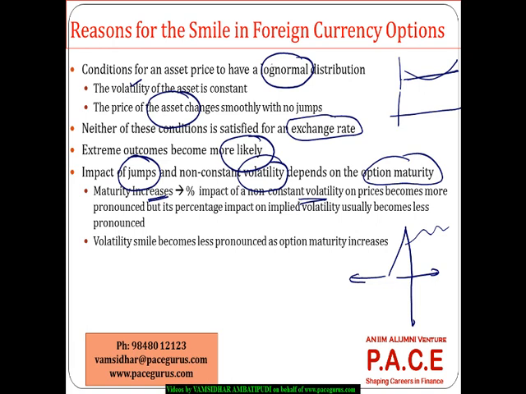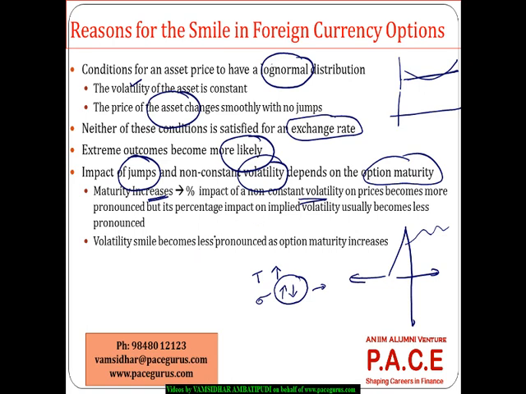You could clearly see the impact on the option price very heavily, because one, the time to maturity is very high. Two, the volatility is fluctuating a lot, which means the probability that the option gets exercised is much higher. Any time within that time to maturity, the option can get exercised.